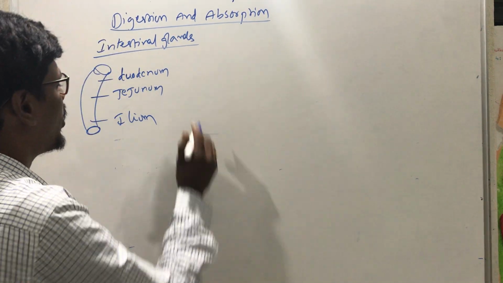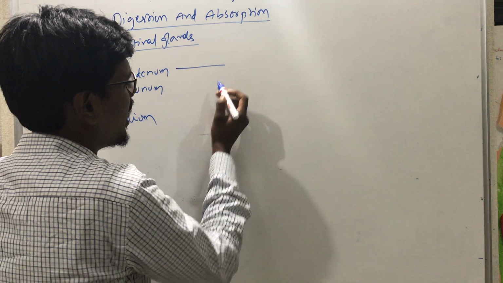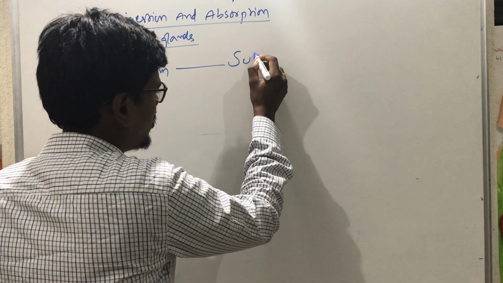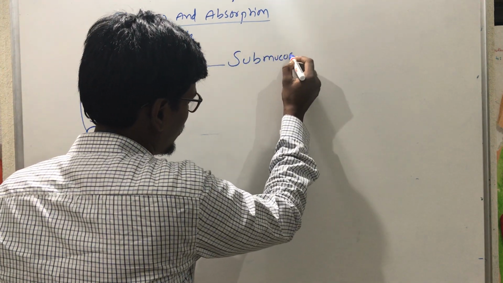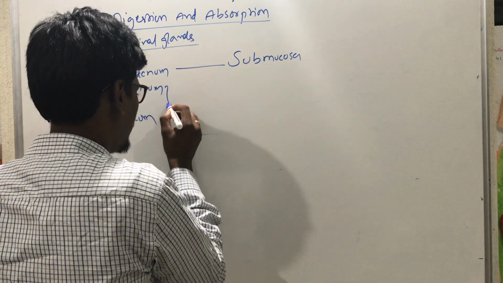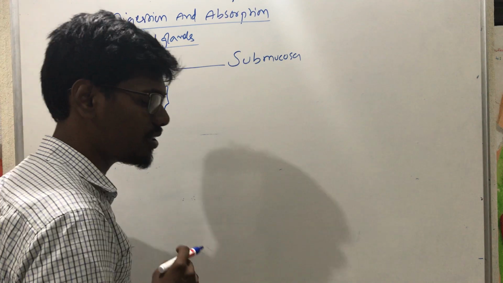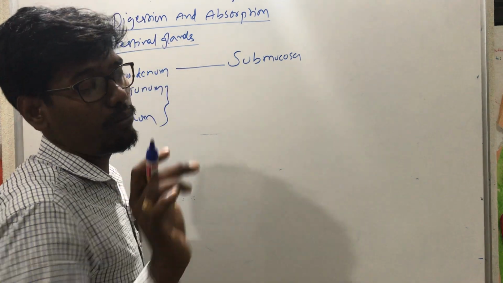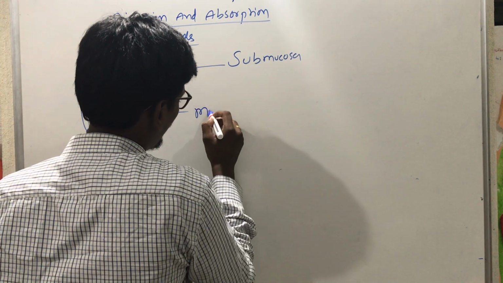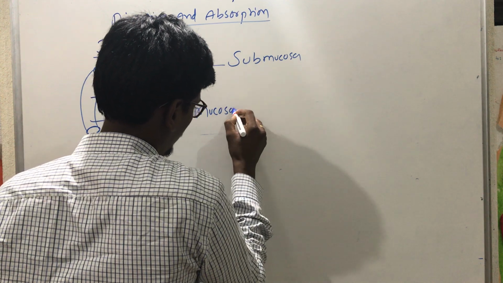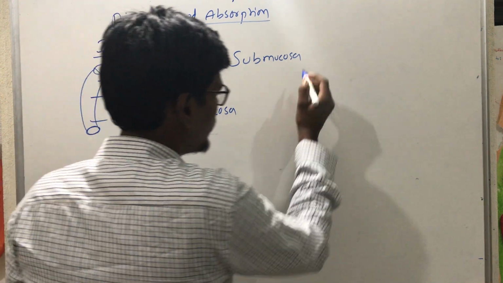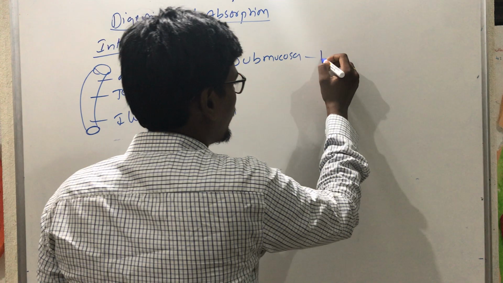The duodenum has a submucosa layer, and it has five layers, but the jejunum and ileum have only the mucosa layer. The submucosa has Brunner glands.